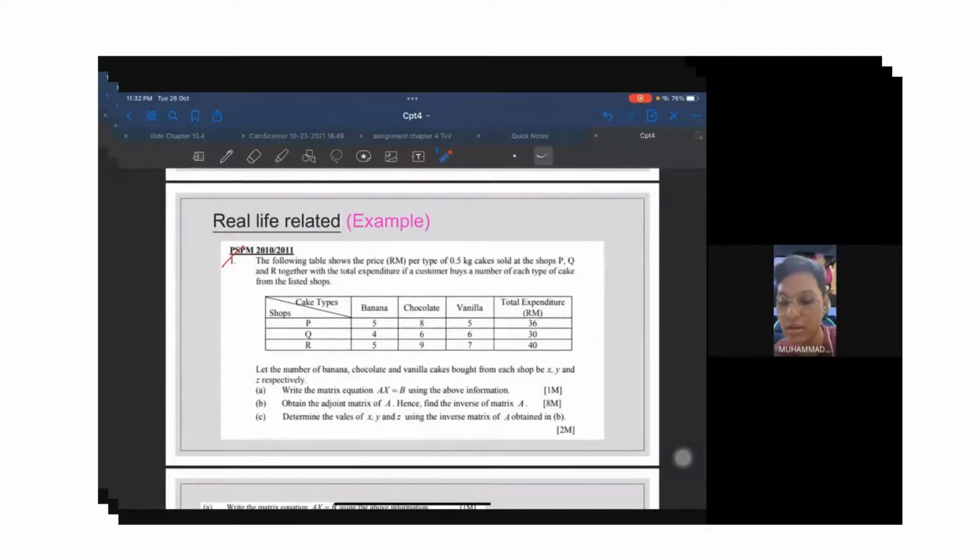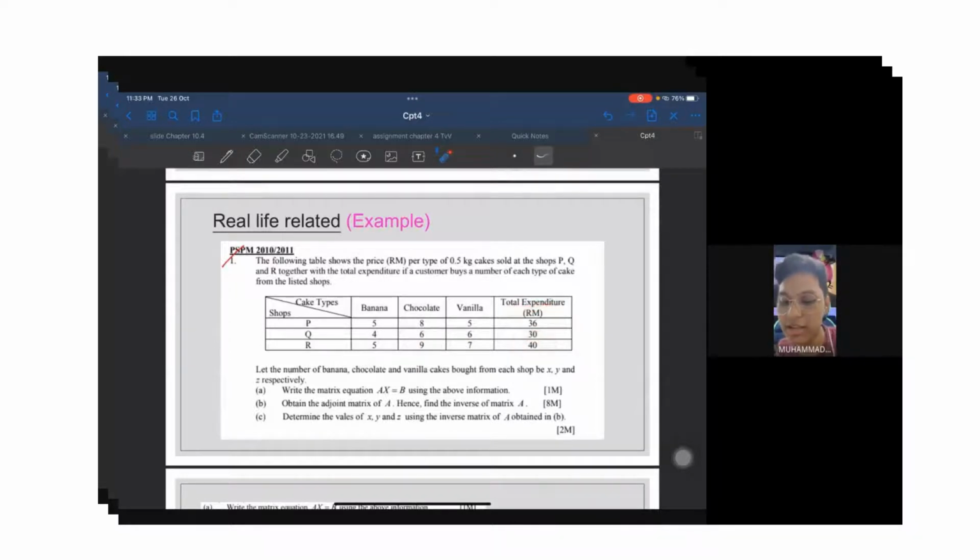Shop P sells banana cake 5, chocolate cake 8, vanilla 5, and the total expenditure is 36 ringgit. Q: 4 for banana, chocolate 6, vanilla 6, and total expenditure is 30. R: 5, 9, 7, and total expenditure is 40.